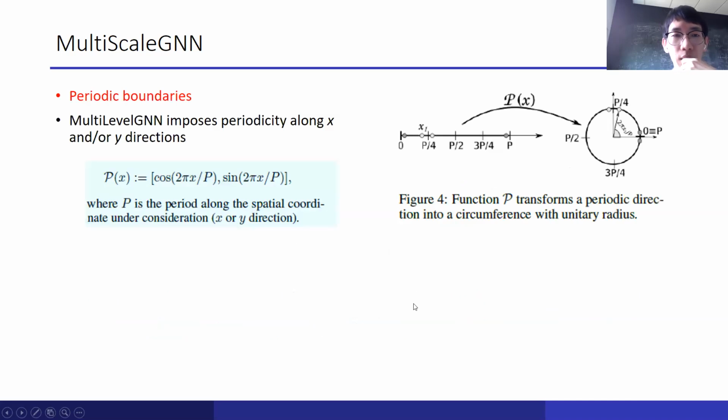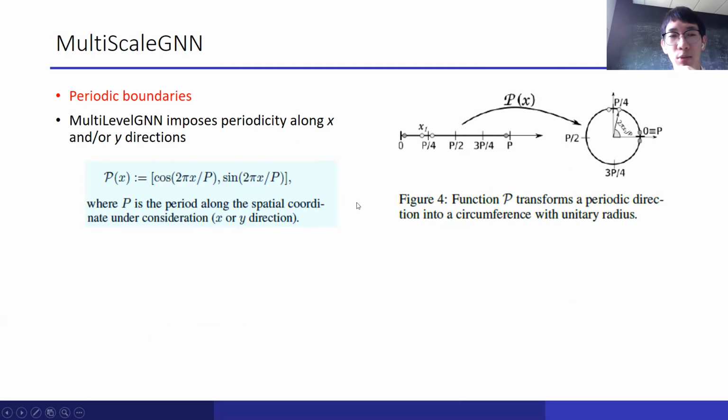And because the multi-scale GNN will be applied to physical problems, the authors also consider imposing periodic boundary conditions. So this is what they do. They use a transformation to transform the spatial coordinates from this to this.